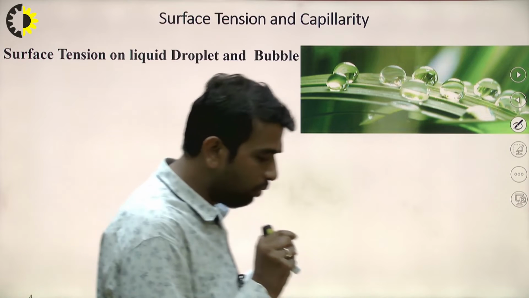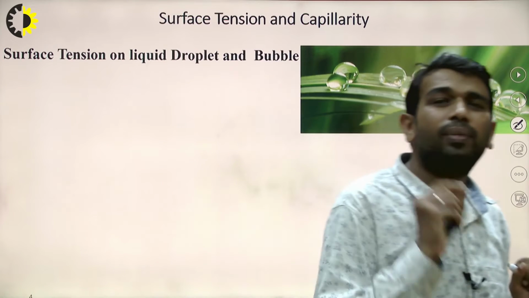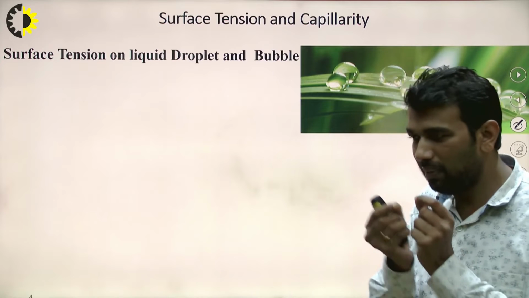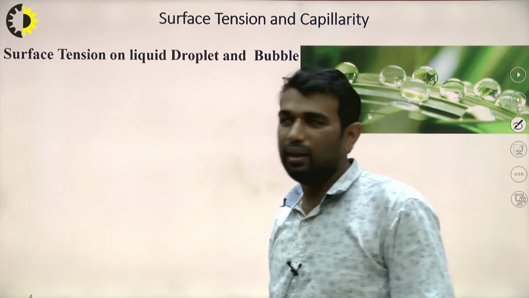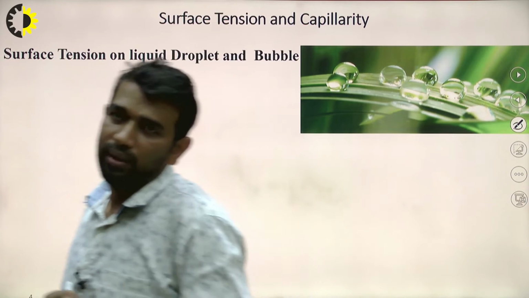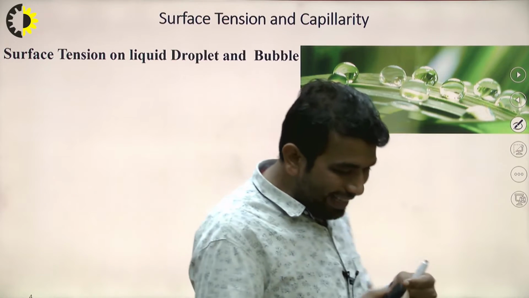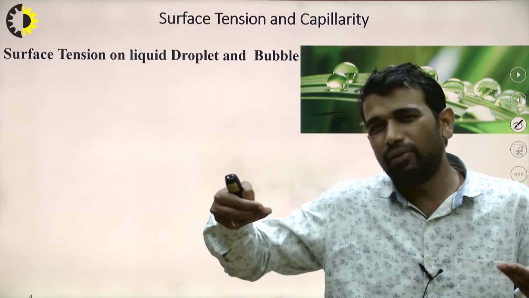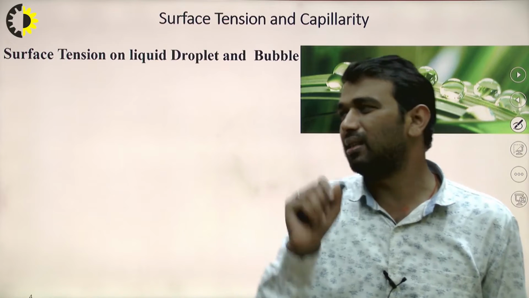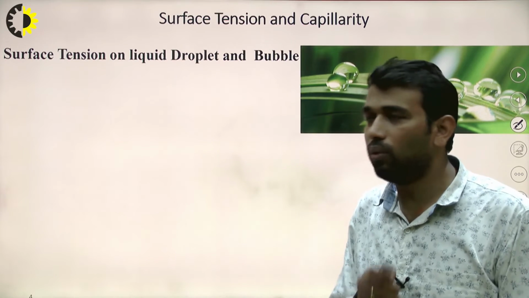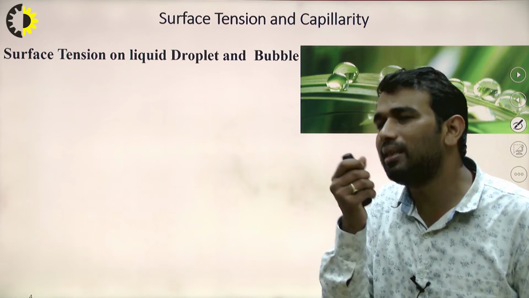When you release a fluid on the surface of that leaf, it behaves in a spherical shape like a droplet. Why does this happen? Because if you release a very small layer of the fluid on the surface, its thickness is very, very small, so it looks like a surface. The behavior is exactly similar to this surface.